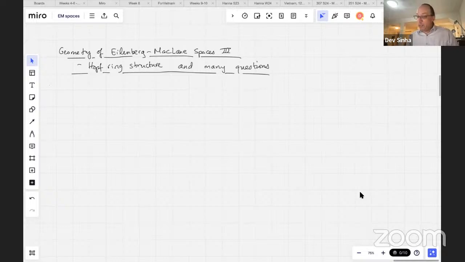So let's recall that we're looking at the iterated bar construction. I'm going to drop the deltas in general because that's the model we're using for the classifying space, so we'll save our breath.